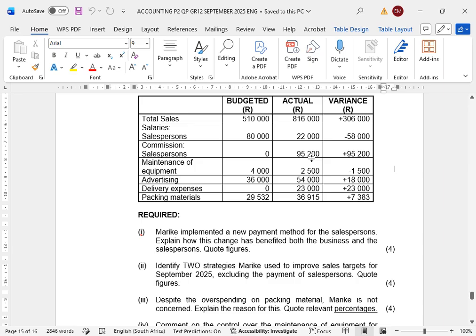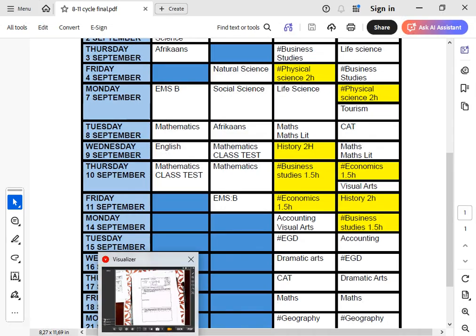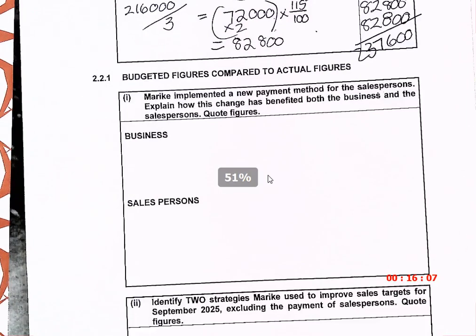So what is the way that she's paying them? The question says how does it benefit both the business and the salespeople? Give figures.